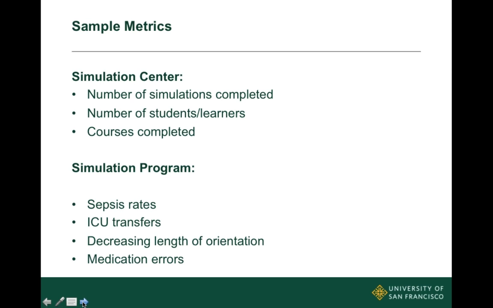So you have to identify what data and metrics you will use. Is it then that you'll do X amount of simulations, X amount of learners through a given time, and then following them into practice to determine whether or not you made a difference? So I talked about sepsis earlier.